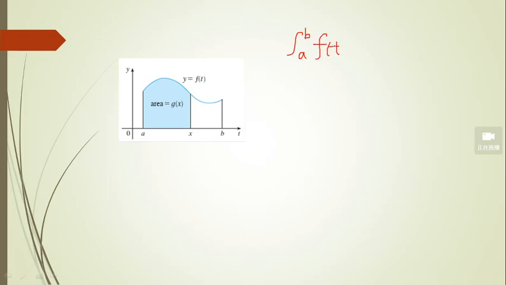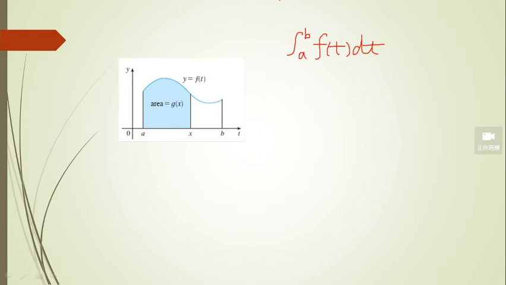By the way, here they use the letter t to denote the independent variable. It doesn't matter whether we use t or x. So the definite integral from a to b of f(t) dt means the area under the function f from a to b.